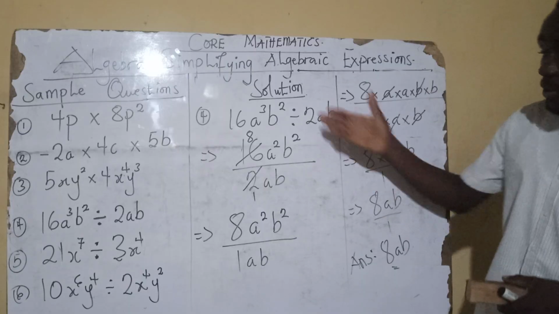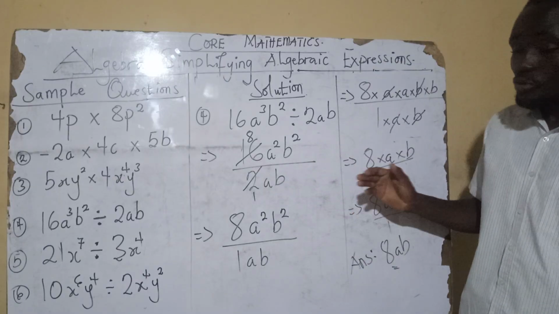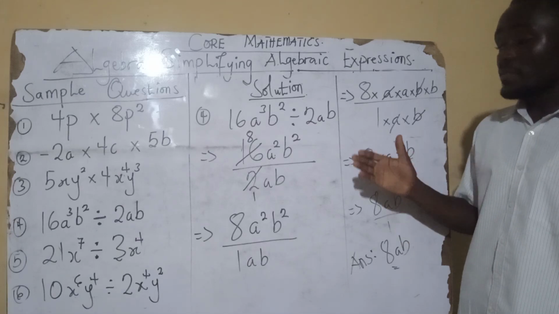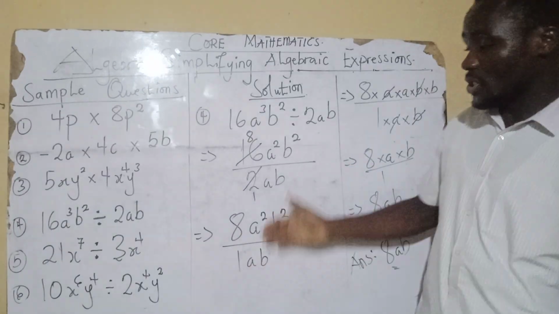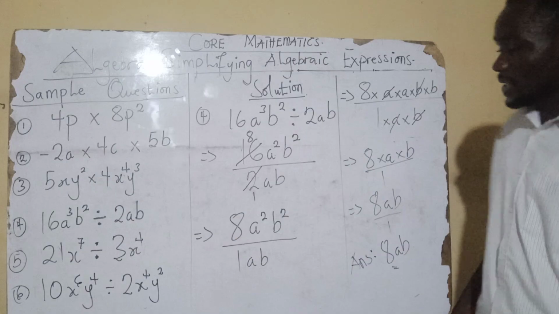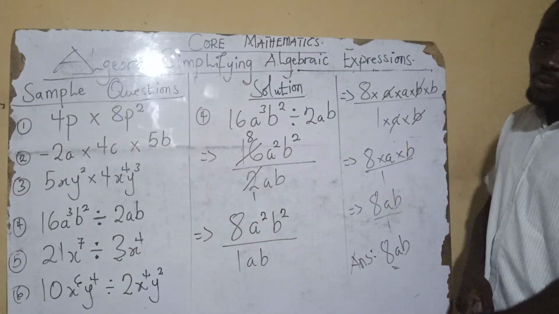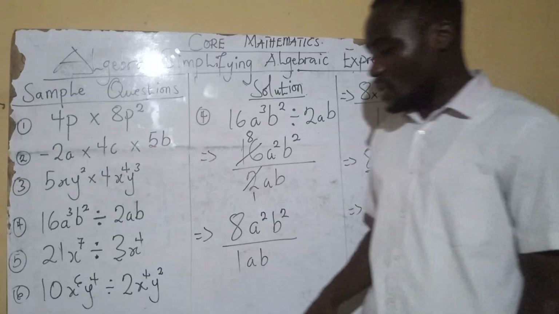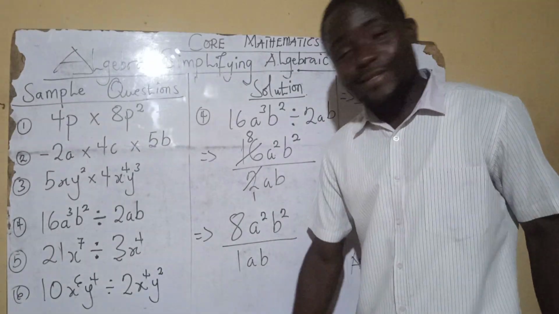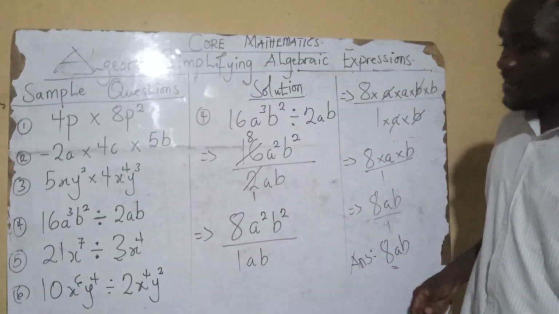So that is how to go about it when you are dealing with problems involving division, which we want to turn into fractions to solve. Now let's dive into question number 5. Then, if time will not permit us, we will give you question number 6 to try your hands on.